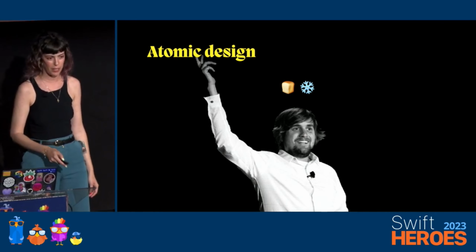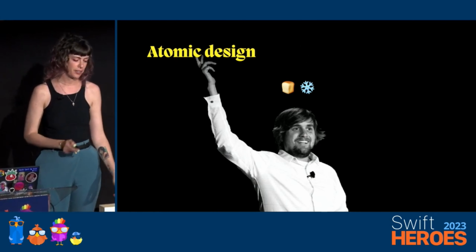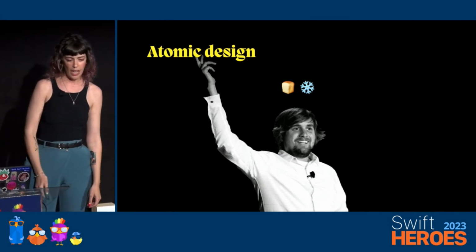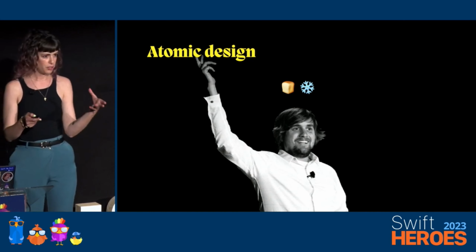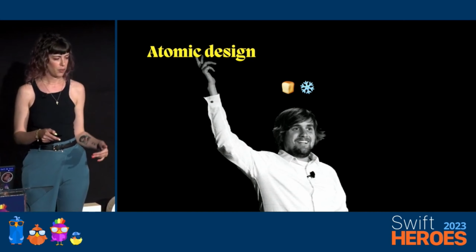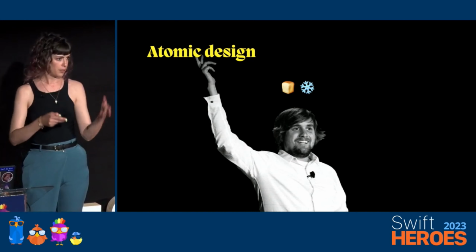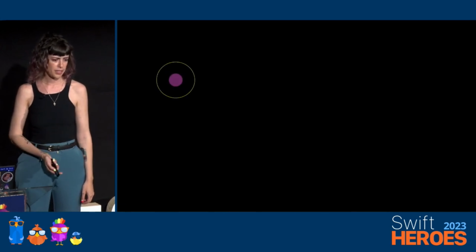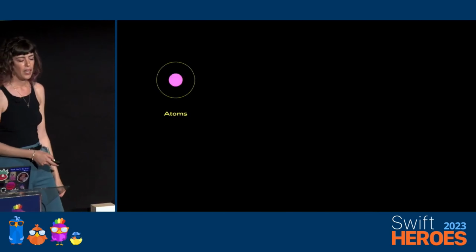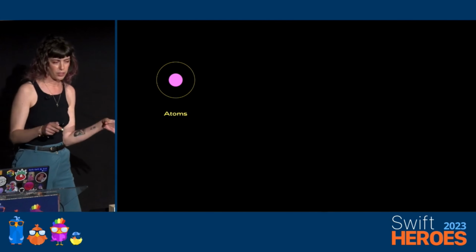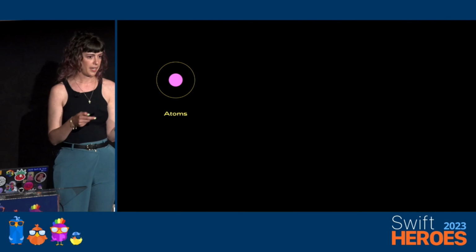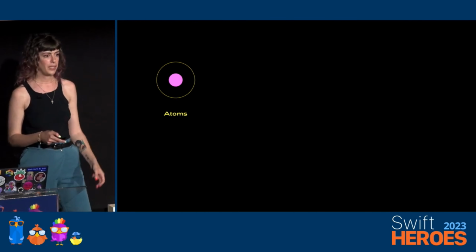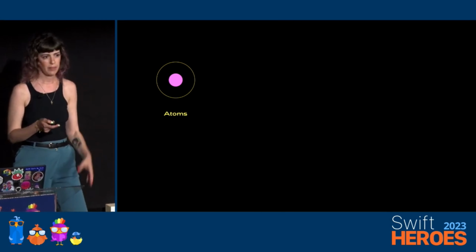I'm sure everyone at least has heard the term atomic design. So what is atomic design? It is a methodology that structures UI into a hierarchy of components interconnected between them. Let's see quickly. The basic building blocks of atomic design are items, such as colors or text. They cannot be divided into smaller parts, like atoms.